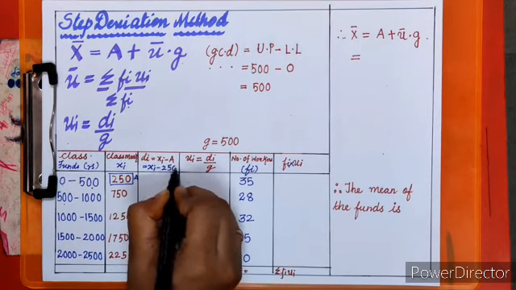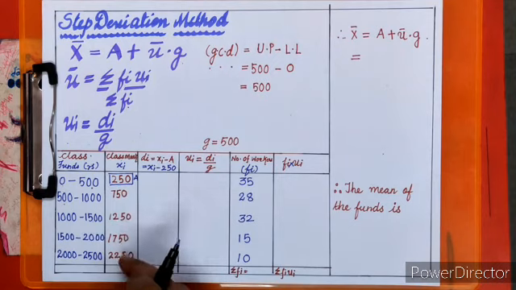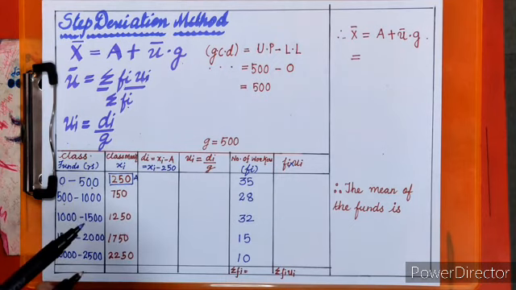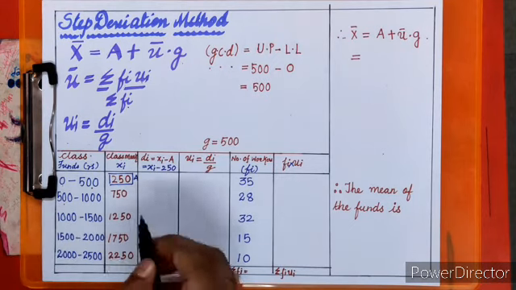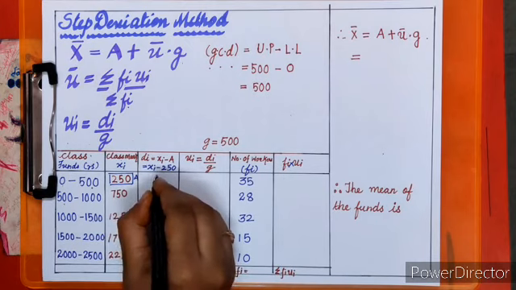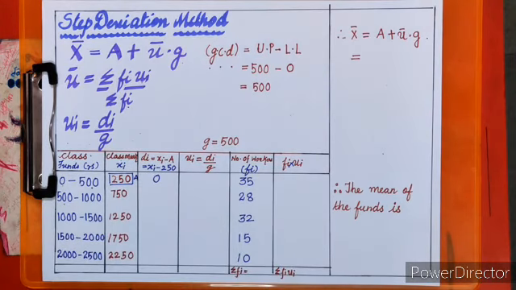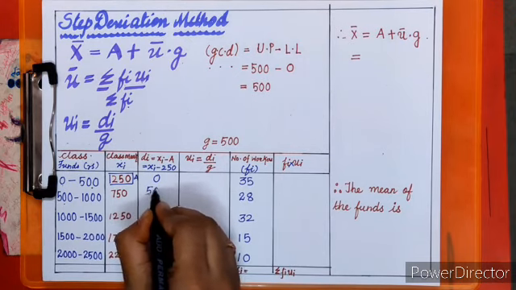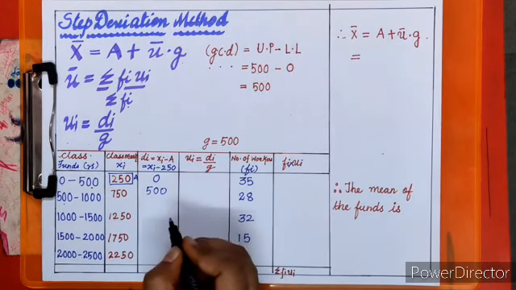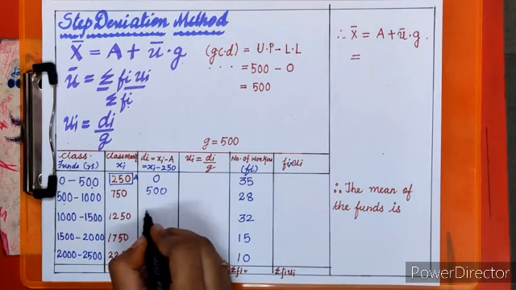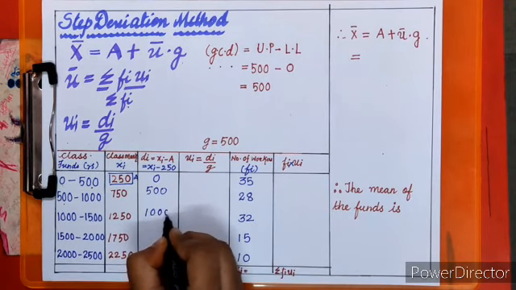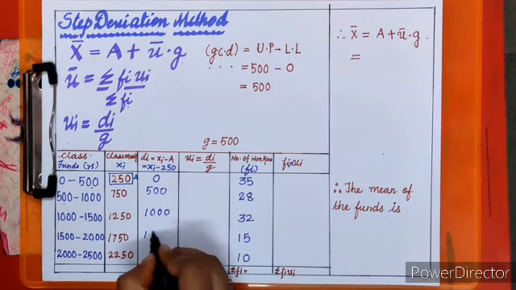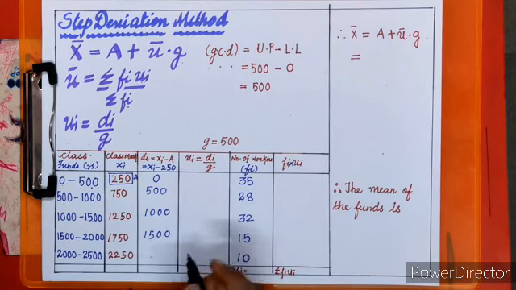You have to subtract 250 from each class mark. We will see what we are getting. 250 minus 250 is 0. 750 minus 250 is 500. 1250 and 250 subtracted, you will get 1000. Then you will get 1500 and last you will get 2000.